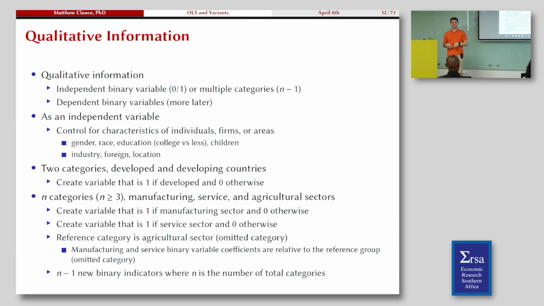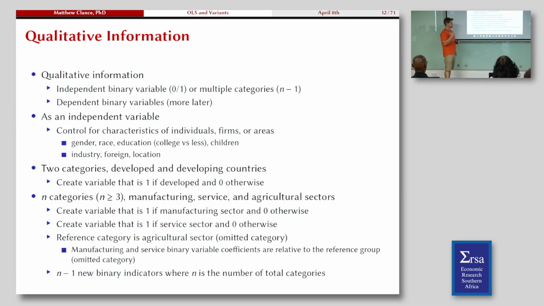So anything that comes out of these new binary variables is always going to be in relationship to the agricultural sector. We always have to have a reference group to know what's going on in terms of changes from that reference category. Without that reference category, we'd be in trouble.